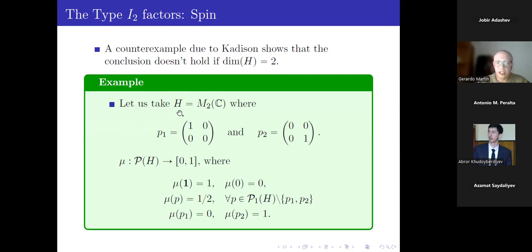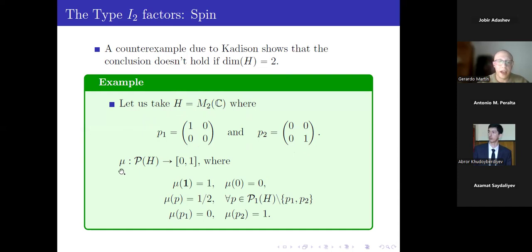We consider the Hilbert space of 2 by 2 matrices with complex entries, and we consider the following two projections. P_1 is this matrix, and P_2 is this matrix.